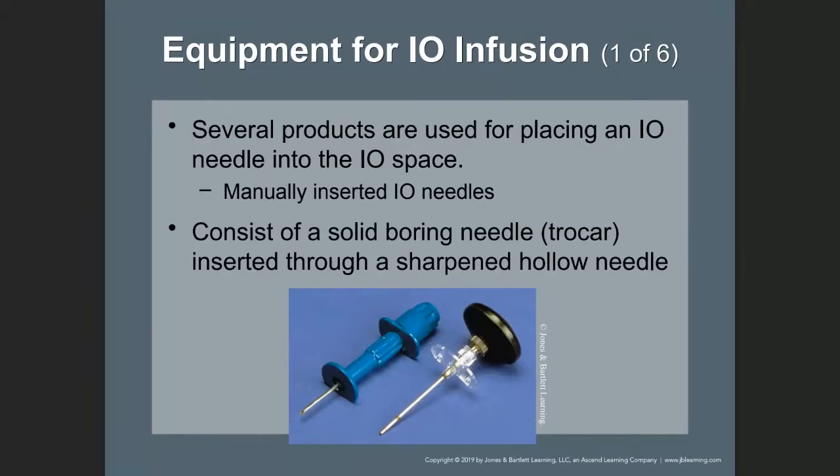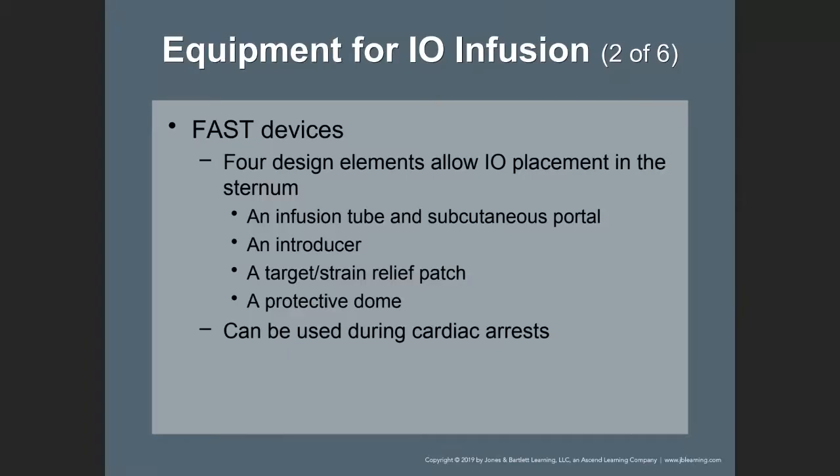The hand or manual IO needles were commonly used in the pediatric population, infants. But most of the devices being used now are the power drill type or the injection gun, the bone injection gun.